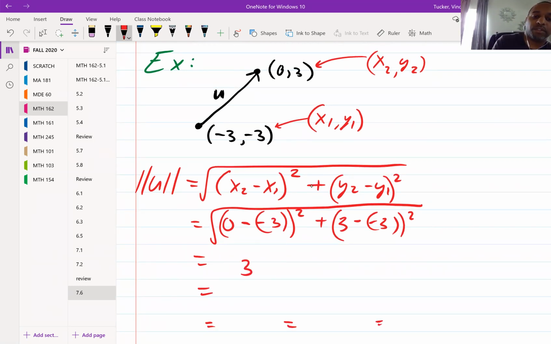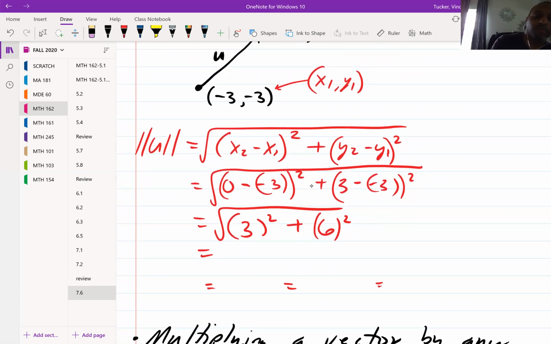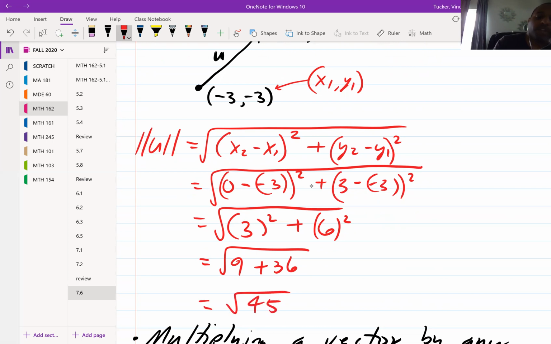So that would be 3 squared plus 6 squared, and that's 9 plus 36 under your radical. And that's the square root of 45.